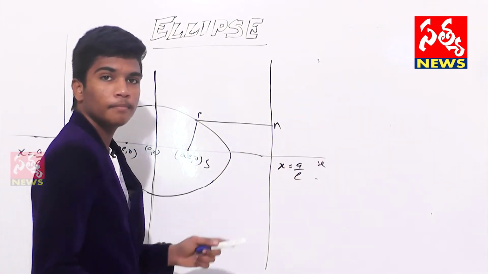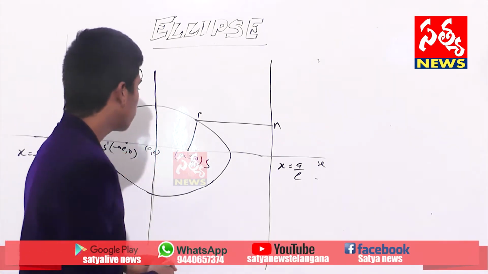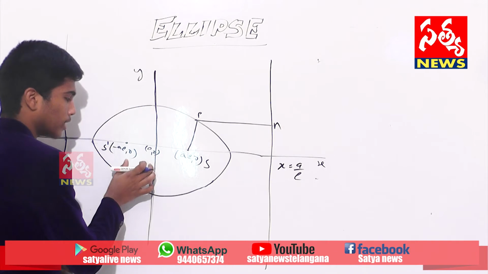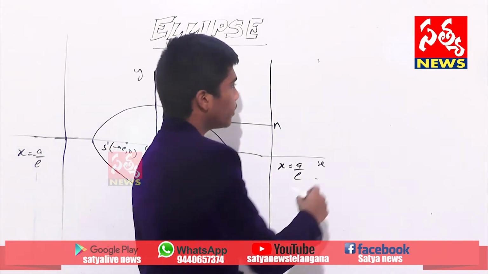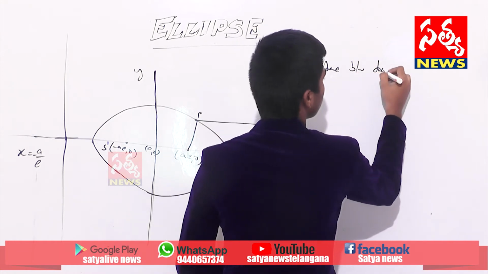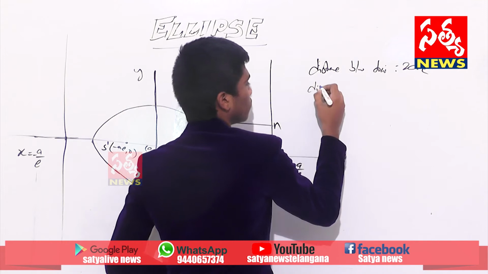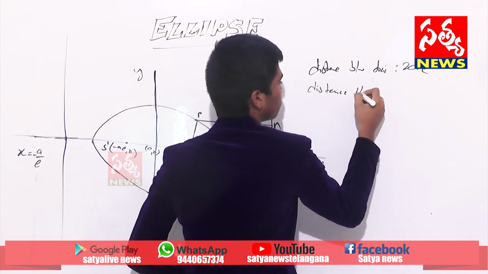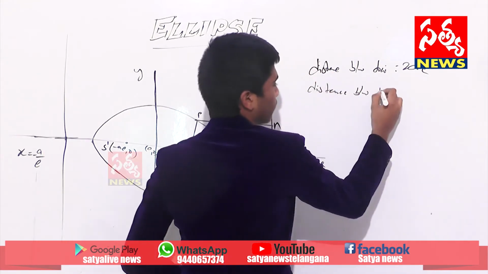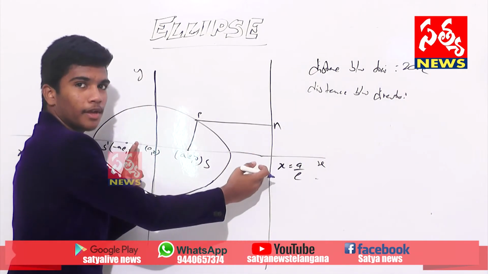From this diagram, we can say that the distance between two foci is, so this is ae and this is ae. Total would be 2ae, right? Distance between foci is 2ae. The distance between directrix: see, this is a by e, right?